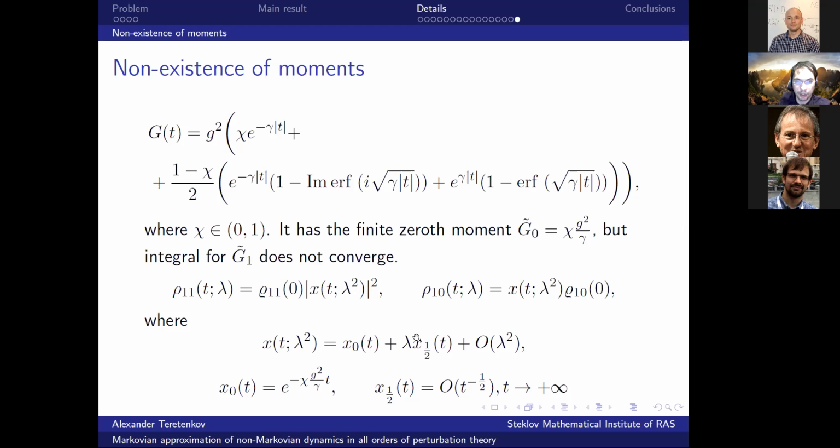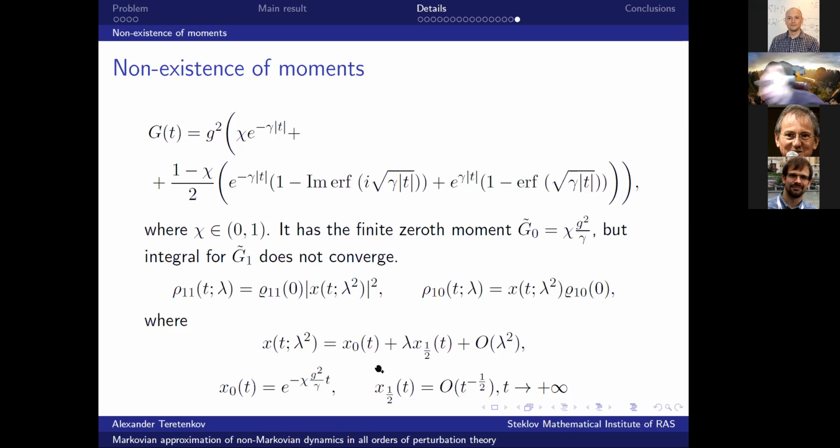For the populations we would obtain corrections to the exponential dynamics, which behaves when times go to infinity non-exponentially, corrected by long polynomial tails, and the same for the coherences. So if we have a violation of this condition of the existence of moments, we obtain deviation from this exponential dynamics.